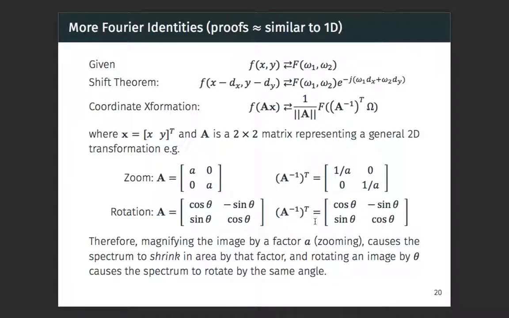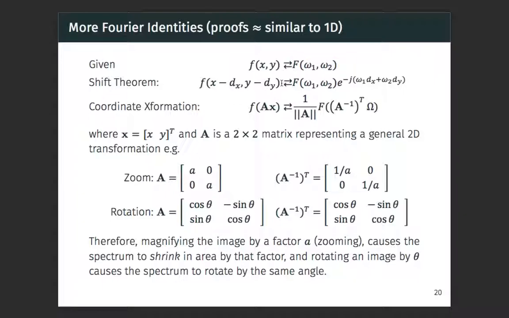Some interesting points about properties of the Fourier transform relate to geometrical transformations of your picture. We start from a picture domain. Remember, we're working in the continuous domain, a continuous definition. This is your image and this is the Fourier transform.